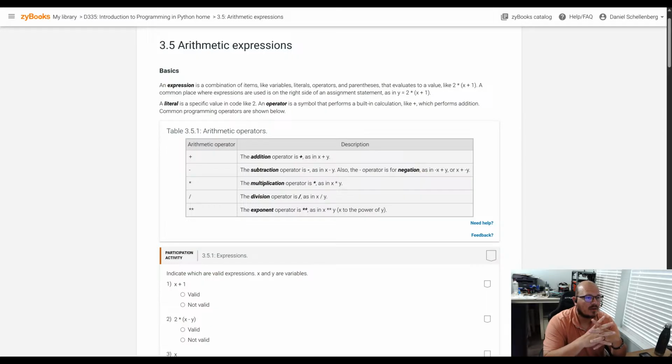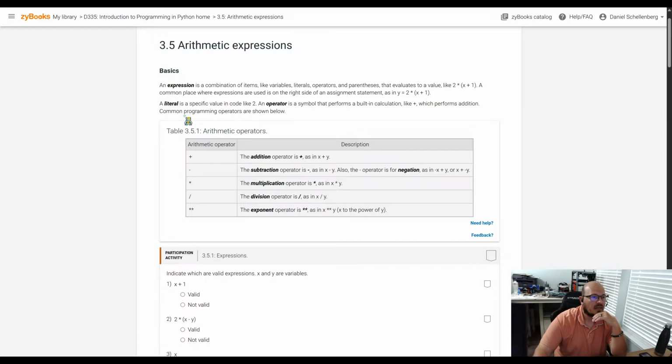A common place where expressions are used is on the right side of an assignment statement, as in y is assigned 2 times x plus 1, with the parentheses around x plus 1, meaning this will calculate first and then 2 times whatever this number will be.